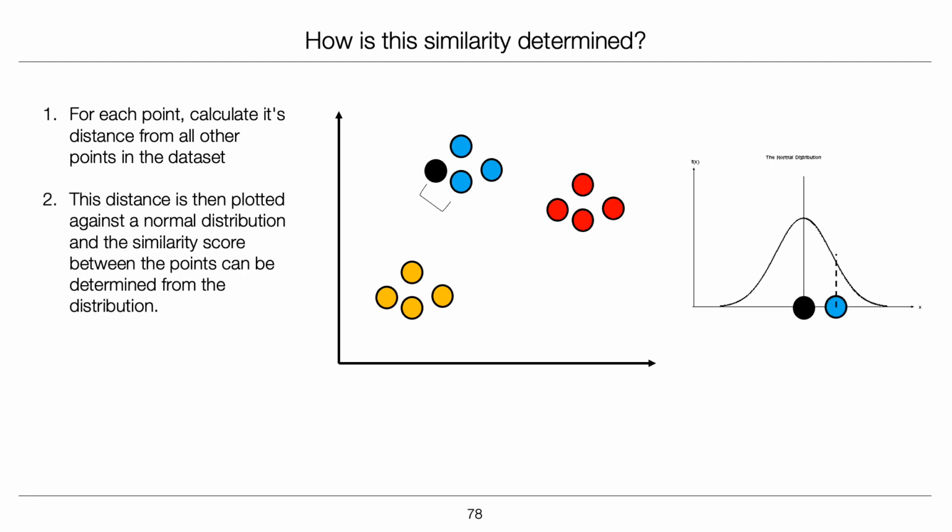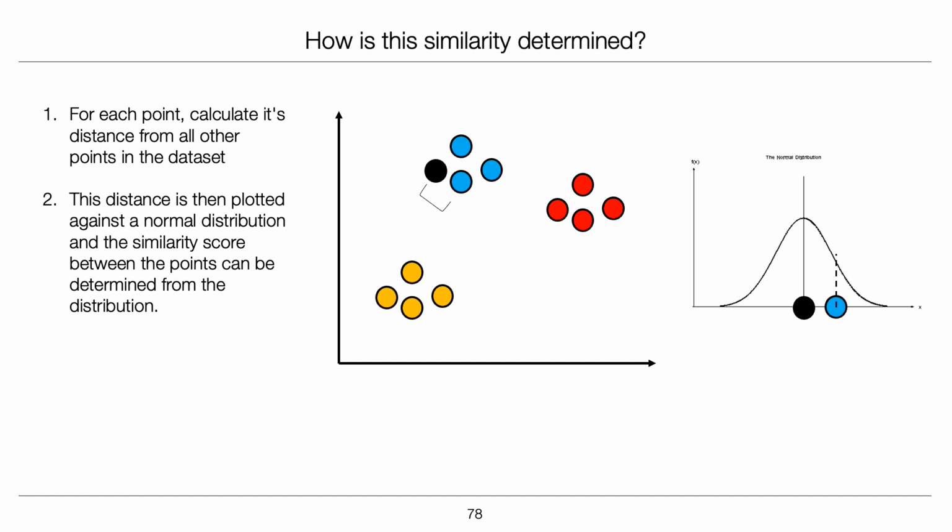Data points that are close to each other, for example, if we use the dark blue point to calculate the distances, the light blue points are close to the dark blue point.